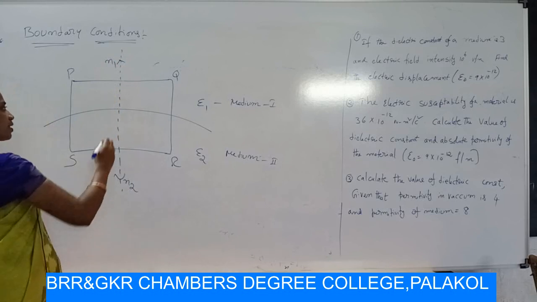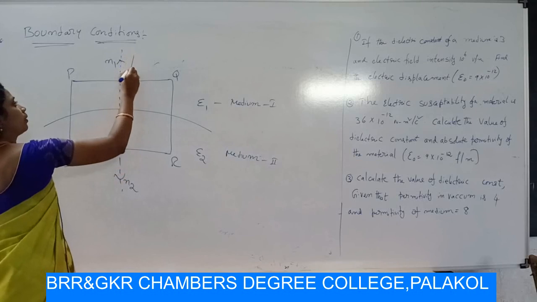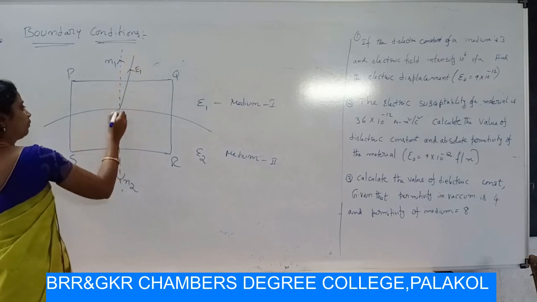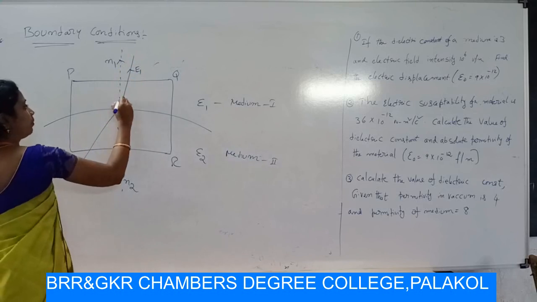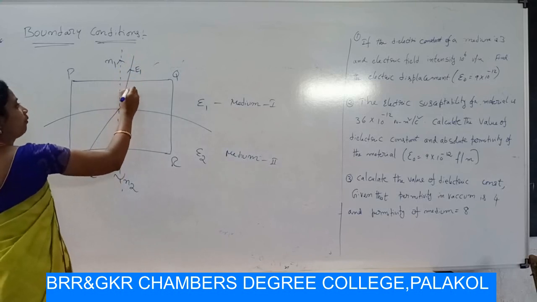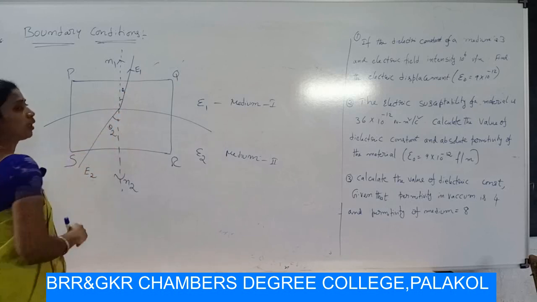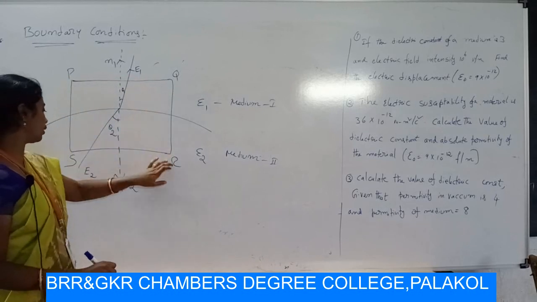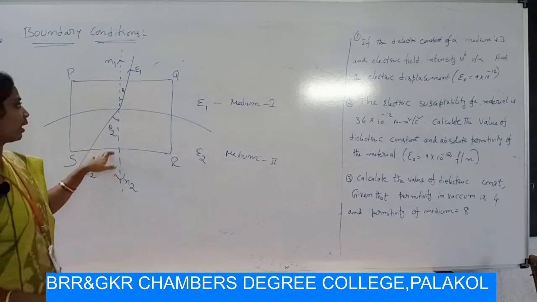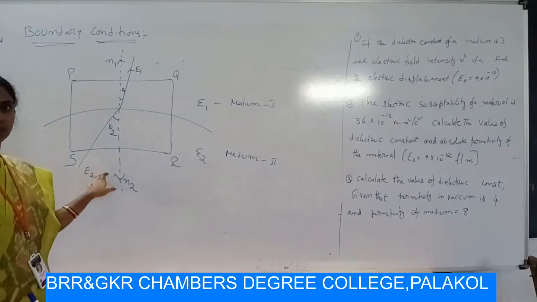The electric intensity for the first medium is E1 and for the second medium is E2. The angle for the first medium is theta 1, and for the second medium is theta 2. Only the longest sides PQ and RS contribute, and the shortest sides QR and SP are neglected.